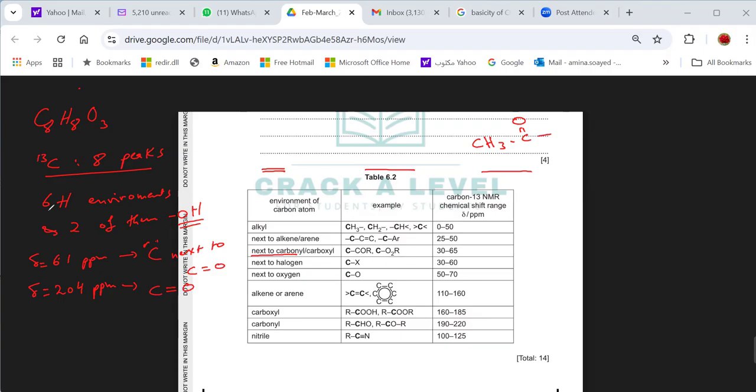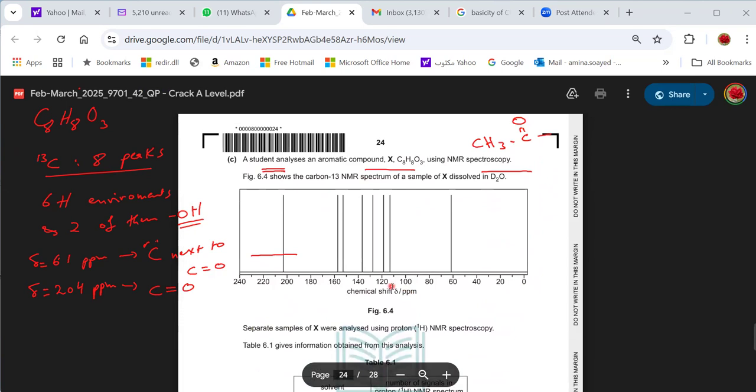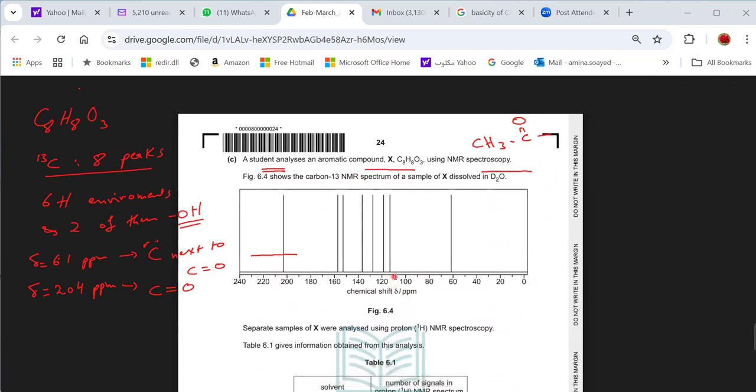And then we have other peaks between 110 and 160. We have 1, 2, 3, 4, 5, 6 peaks at delta between 110 and 160 parts per million.